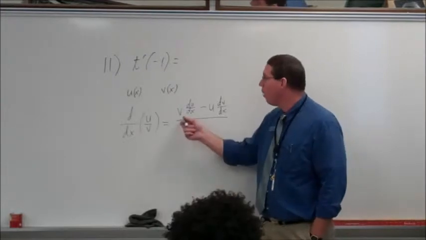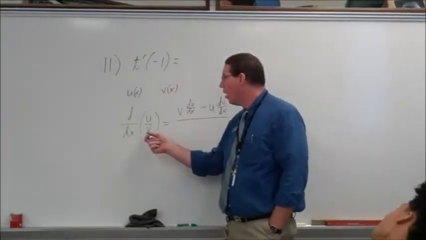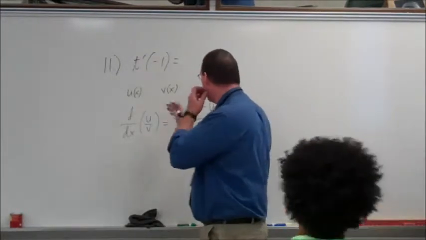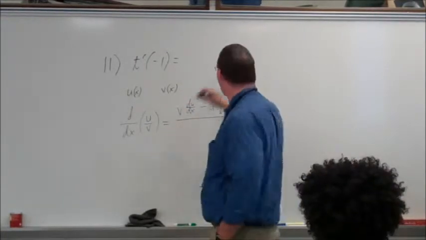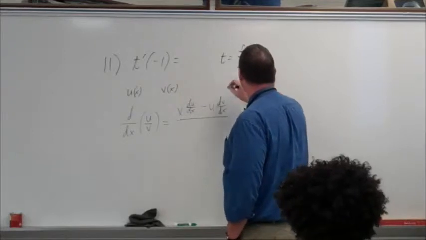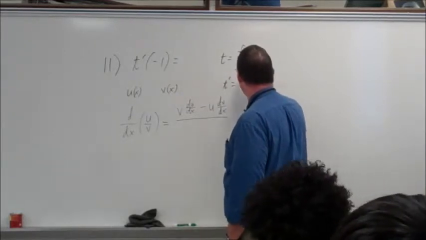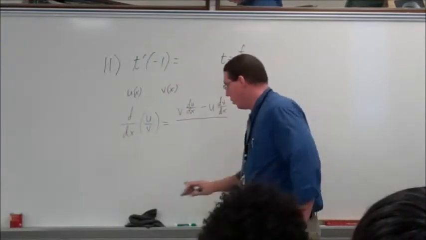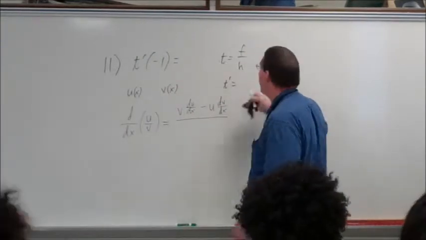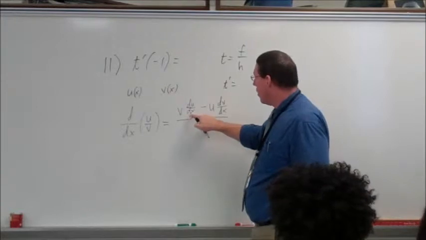Right, so even though they wrote v first, now, when we do T equals f over h, are you saying that T prime should be h times f prime? No. That would be like h prime. Look at this.